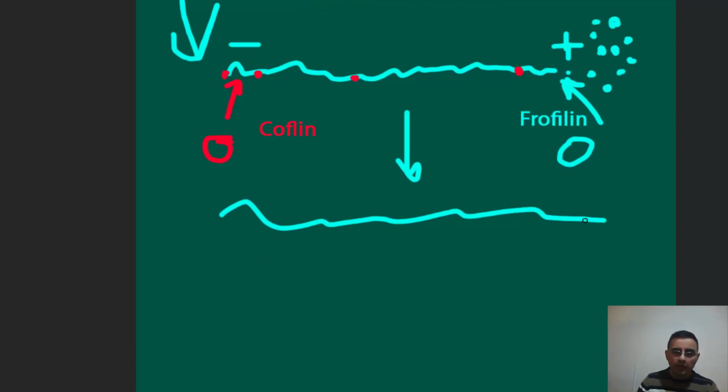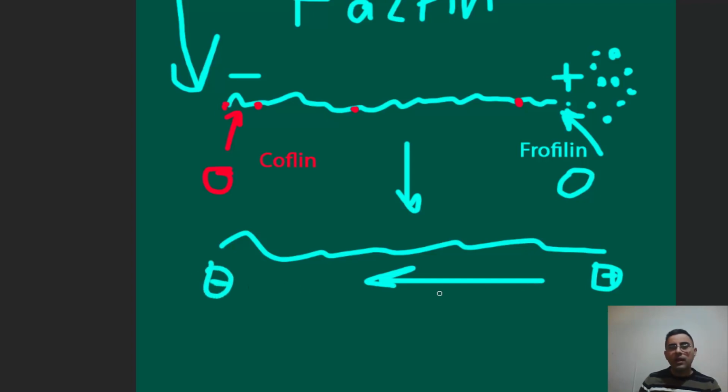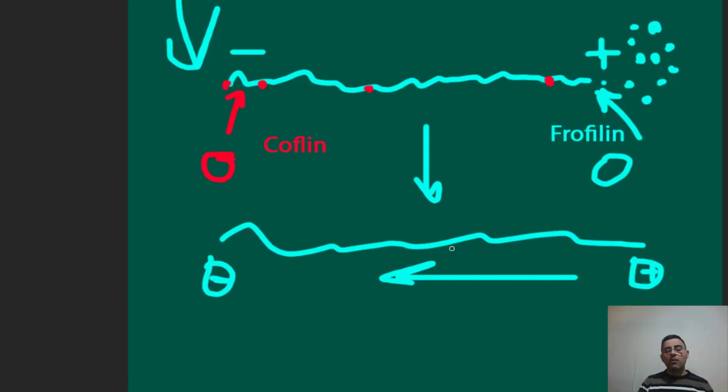It moves all the time, but the length of the structure stays the same. The polymers in the structure always move from plus to minus, and this promotes movement of organelles in the cytoplasm.